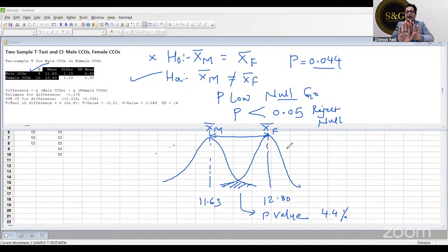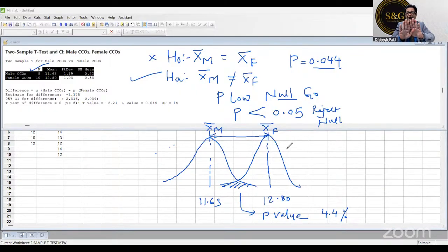Now let's take it a little ahead. Let's make a small difference. Now there is a small difference, and the overlapping area is, let's say, 50%. Still, statistics says 50% is a very significant area, so there is no statistically significant difference between these two averages.